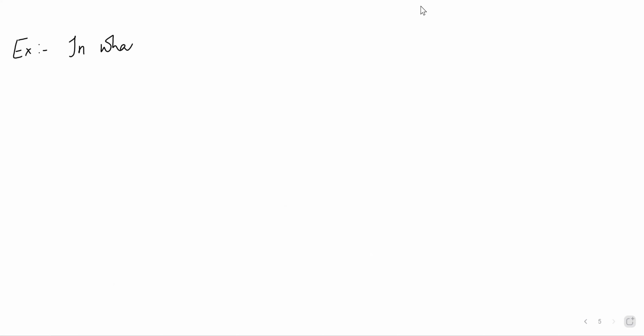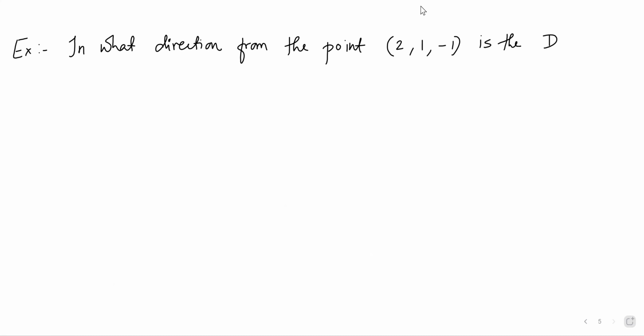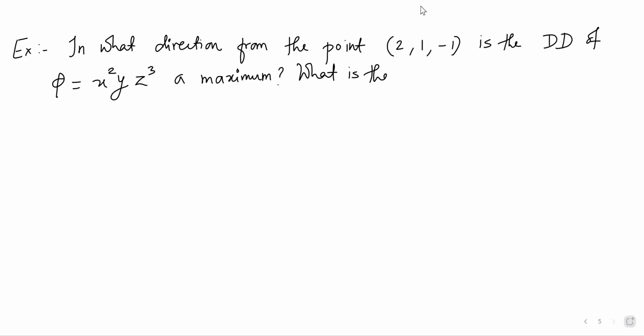In what direction from the point (2, 1, -1) is the directional derivative of phi = x squared y z cubed a maximum? What is the magnitude of this maximum?